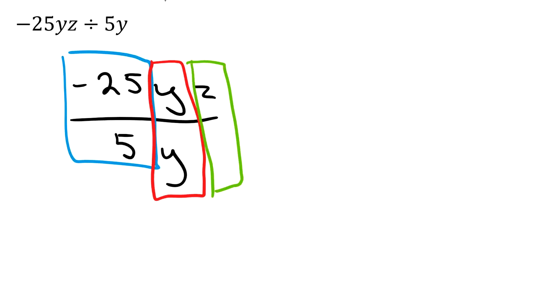Now, you may like to do this method, which is to break it up into its parts. We go, well, what's minus 25 divided by 5? Minus 25 divided by 5 is minus 5. I then go to my red and say, well, y and y, they essentially cancel out, so they don't matter anymore, they're not there. There was only one z, so z stays there. So our answer to this is minus 5z.